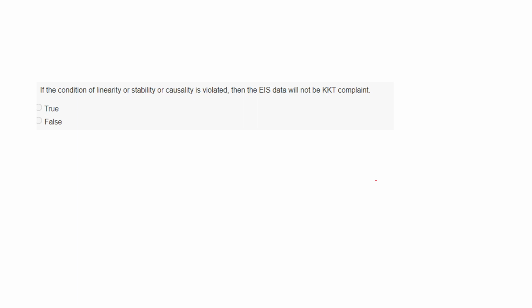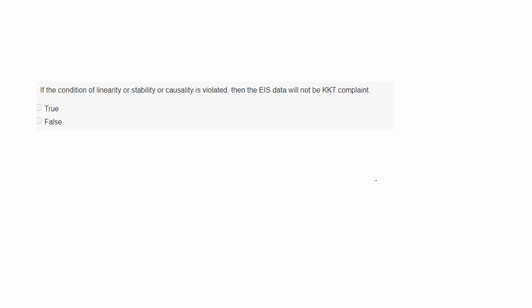If the system is non-linear, then the given EIS data is KKT non-compliant. If it is not stable, again KKT non-compliant. If it is not causal, again it's not KKT compliant. We have also seen examples where, even if the system is non-linear, it is difficult for KKT to flag it off as non-compliant.